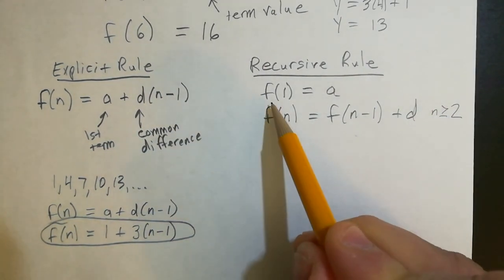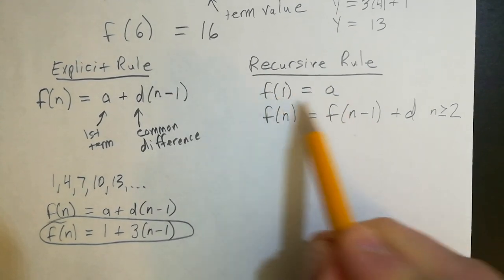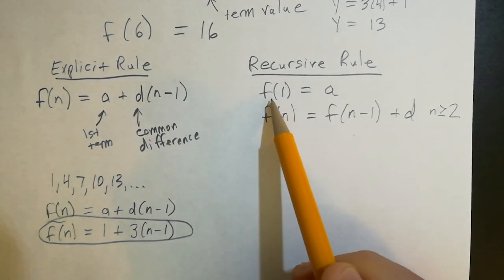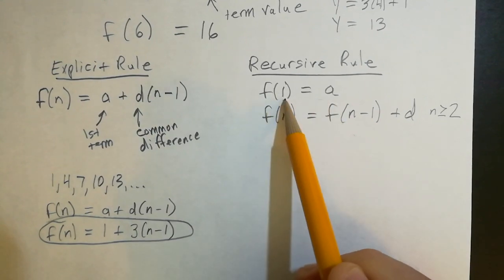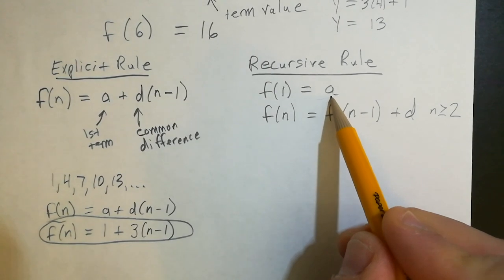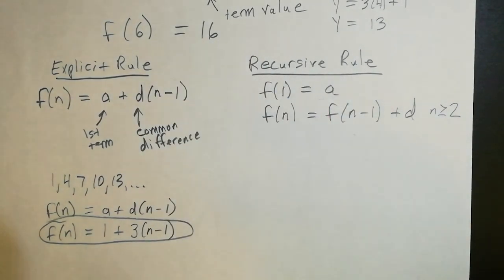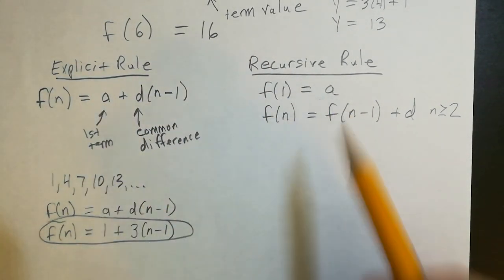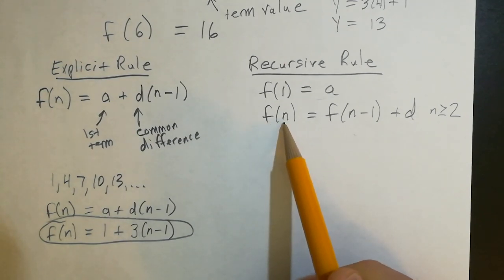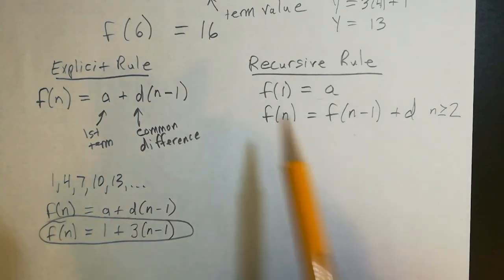All right, so basically this first equation just tells us what the first term is. Hey, the first term, right? Because if you put in 1, that's talking about the first term. The first term value is whatever, okay? So that's the same A as over here. If you want to get any other term, you use this, okay?